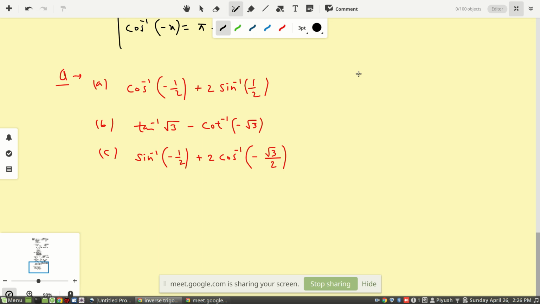I don't need to draw that table again. All you have to figure out is which three are in this region and which three are in this region. For a positive value in this region, you do not have to think anything, you just use the standard table. If it is negative, for these three, you just put the negative outside. And for these three inverse trigonometric functions, you just do pi minus that.